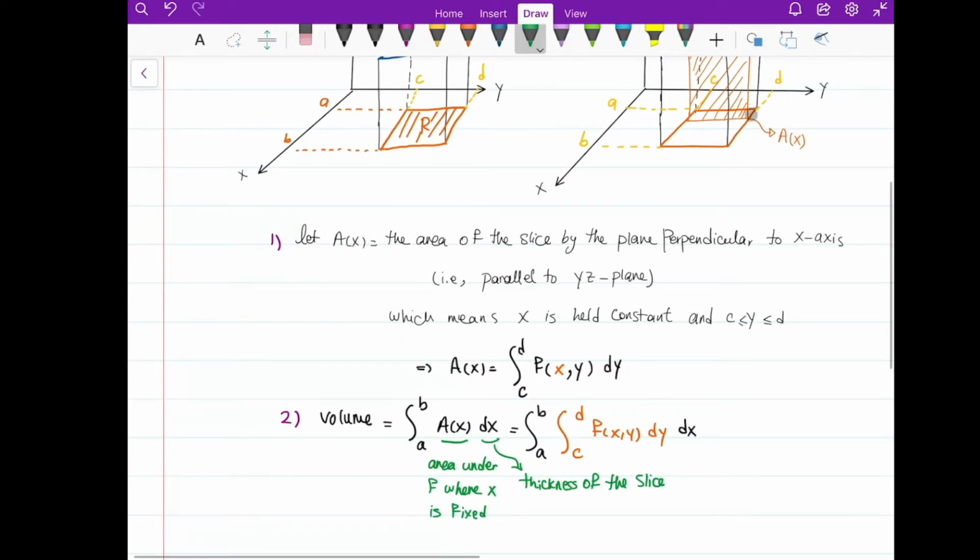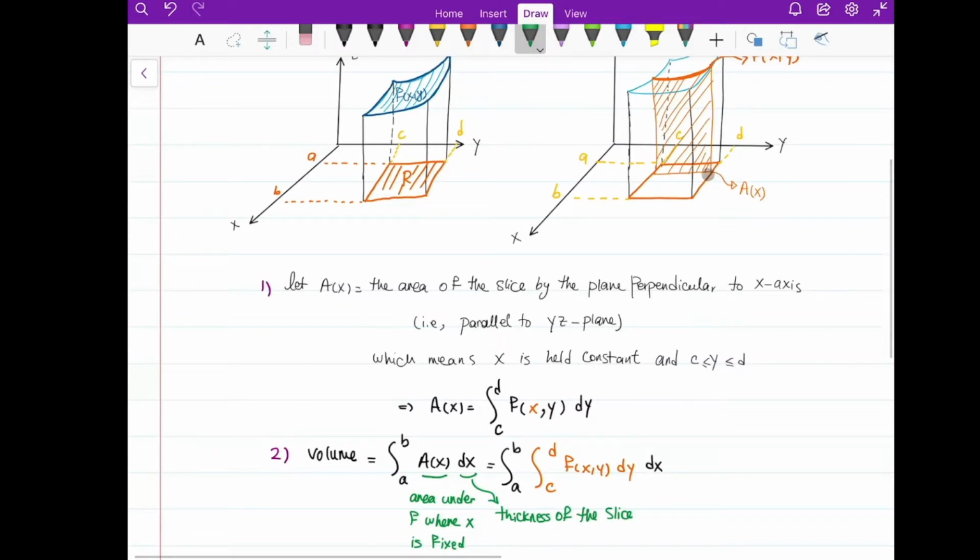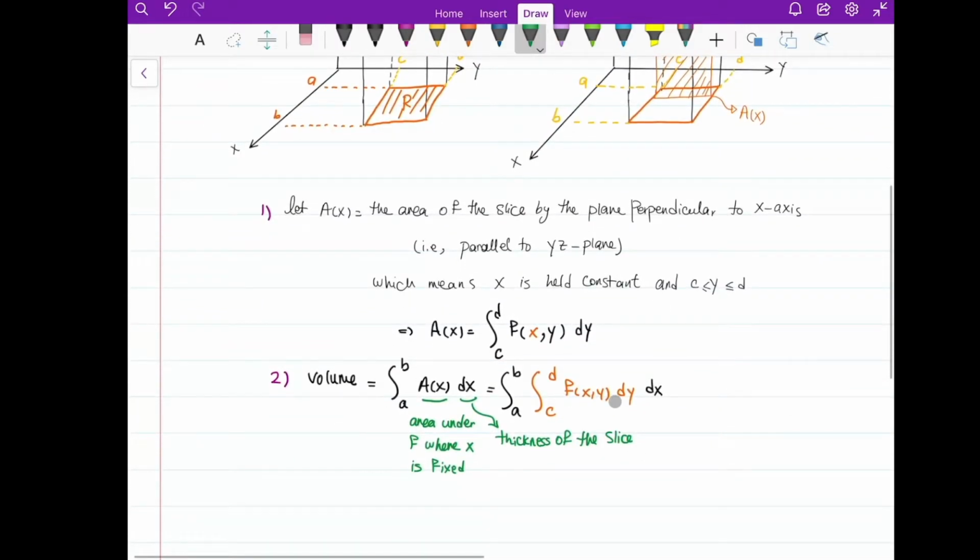So we have a little bit of thickness in here, and then we just add them all up, and you see that we calculate the volume, which is perfect.